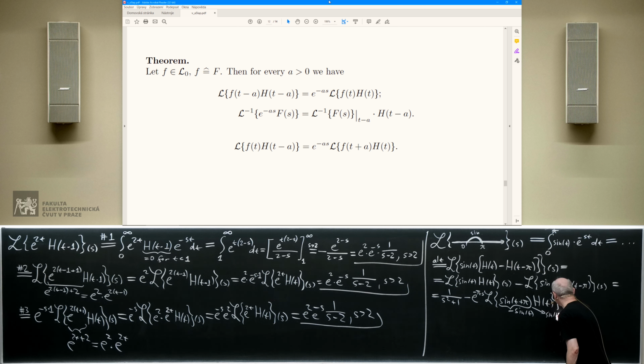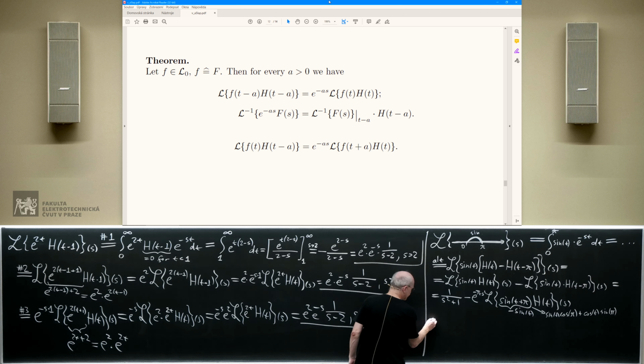This is sine t cosine pi plus cosine t sine pi. And now sine of pi is 0, so this is gone, and cosine of pi is negative 1, which gives you negative sine t. Here we are.